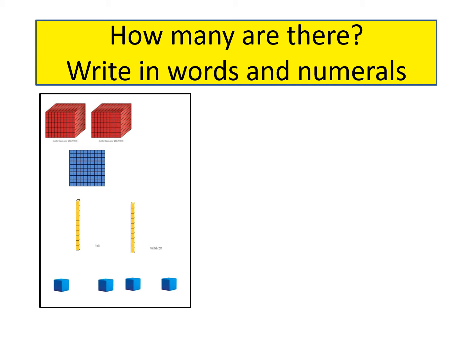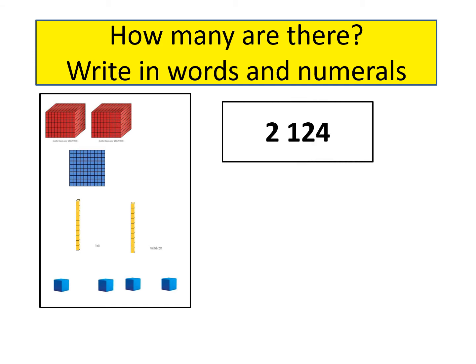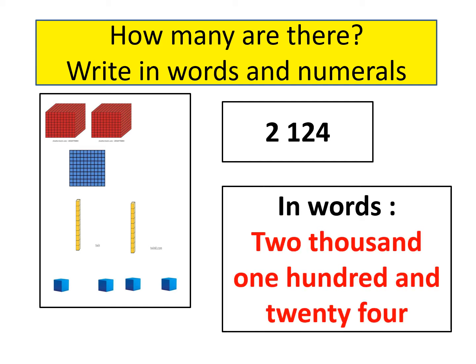The blocks that I've given you, there are 2 blocks of thousands, 1 block of hundreds, and 2 blocks of tens, and the last one is 4 small blocks of ones. So you write down like this: 2124. And in words, you write down 2124. Okay?